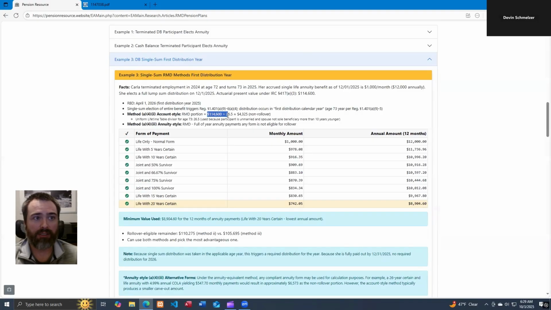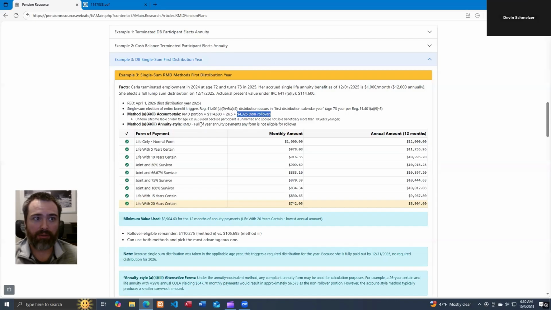For the account balance method, we're going to look up from the lifetime table her divisor, which is 26.5 because she isn't married to a spouse born 10 years younger. Thus, under this account balance method, of this 114,000, 4,325 isn't eligible for rollover.